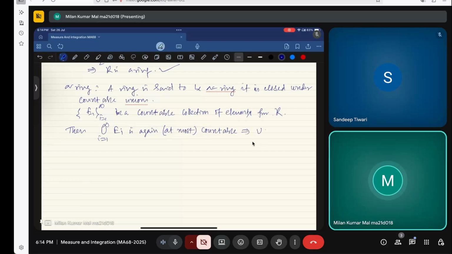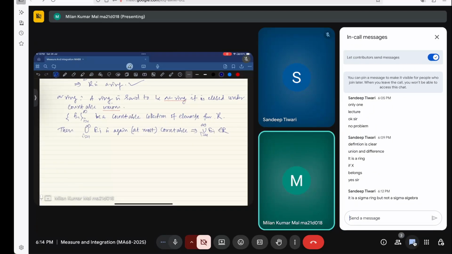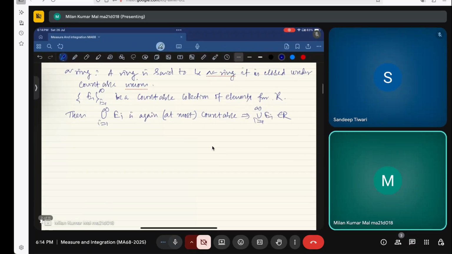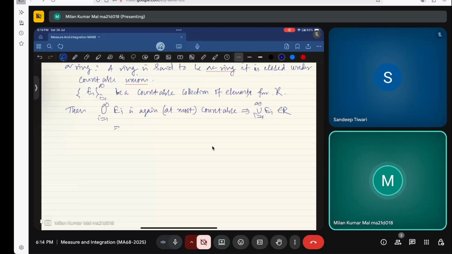That implies the union of E_i, i equals 1 to infinity, belongs to R. Okay, so it belongs to R. This implies that R is a sigma ring.